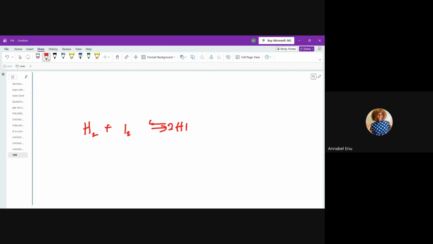So it's a reversible process. We can't say the same thing for a simple chemical reaction that has only one arrow.